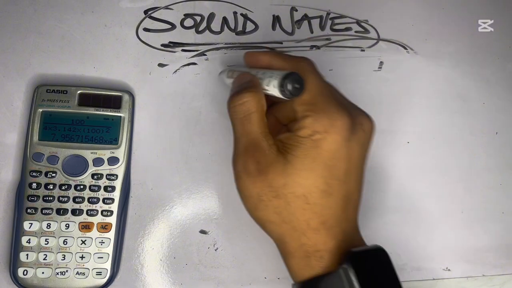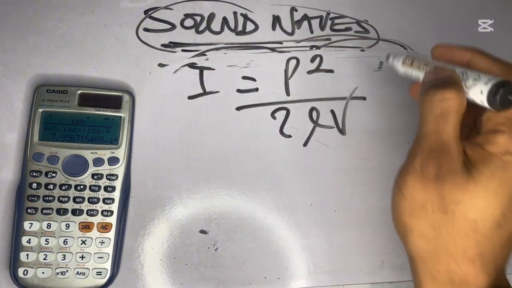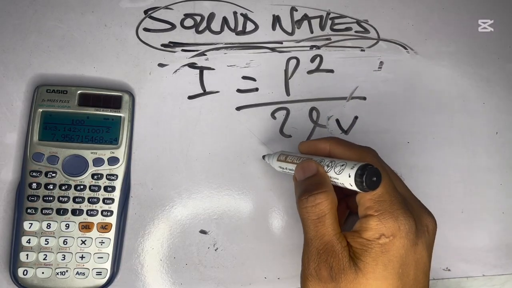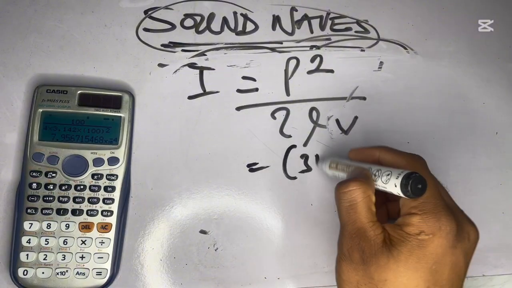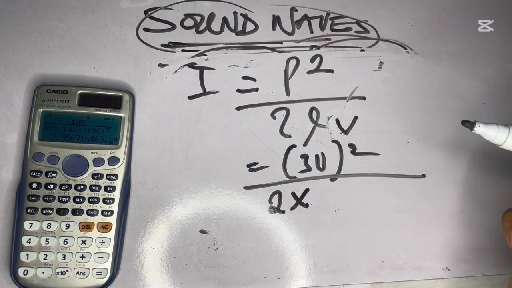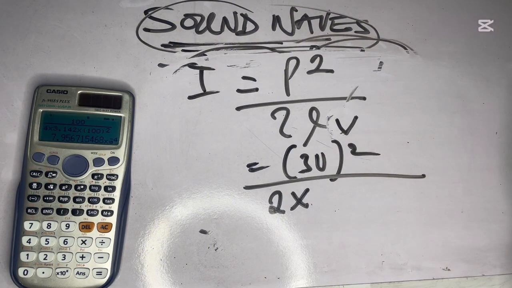Now, basically, I will be equal to P squared over 2 rho v. Remember this formula I gave you. This v is small, remember. So this would basically be 30 all squared divided by 2 times... The question was a little bit incomplete, so in bracket you put density of air to be 1.21 kilogram per meter cube, velocity of sound in air 343 meter per second.